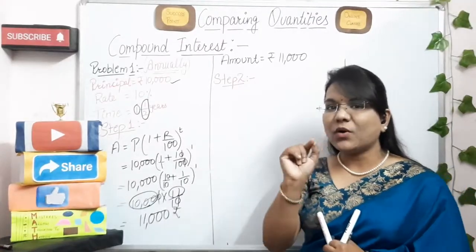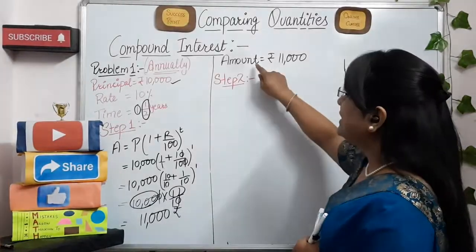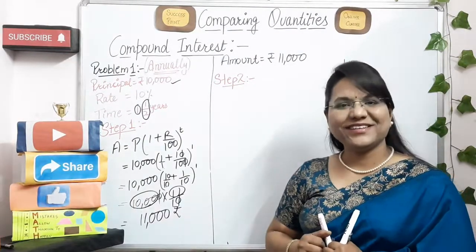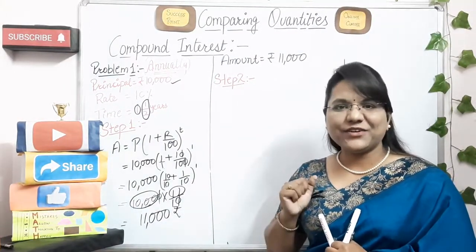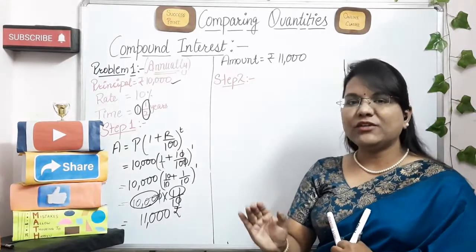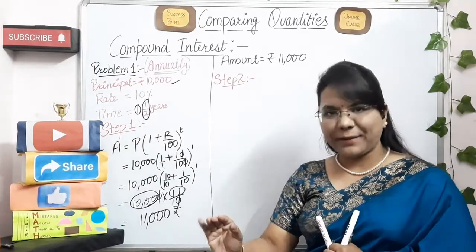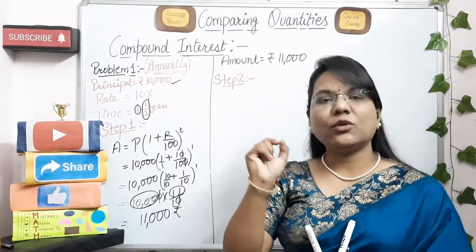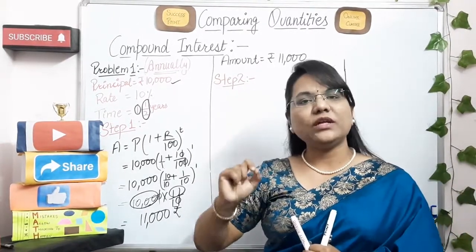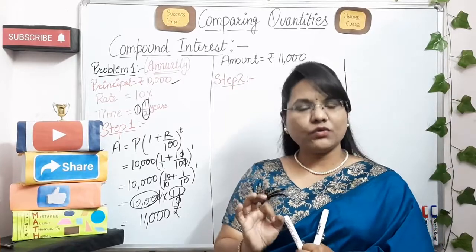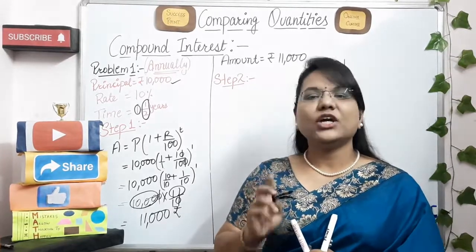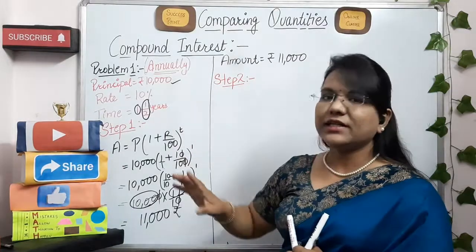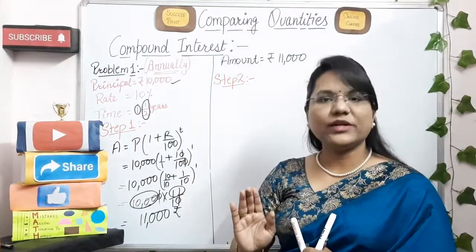But the important thing you should know is that this amount we have to use as the new principal. In our last video we checked the main difference between simple interest and compound interest. In simple interest your principal remains the same for each and every year. If you want to check for 3 years, your principal remains the same, 10,000, 10,000, 10,000. It is not going to change.